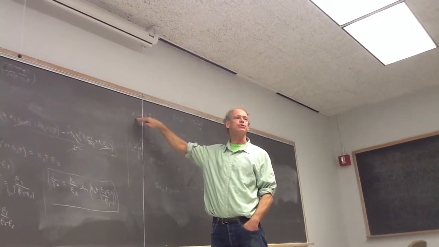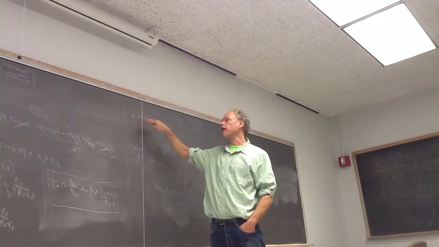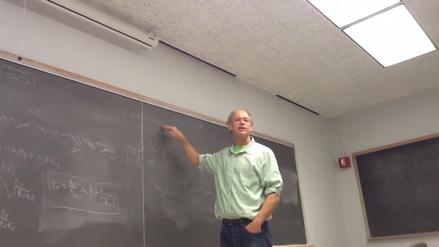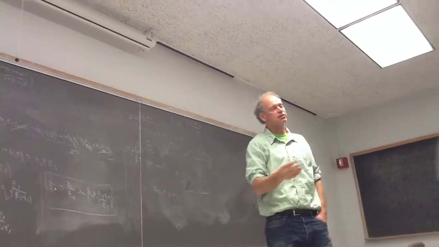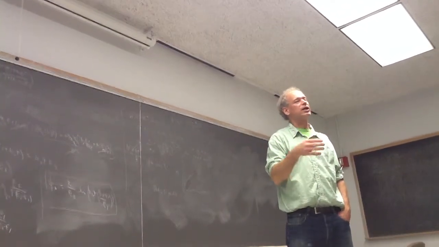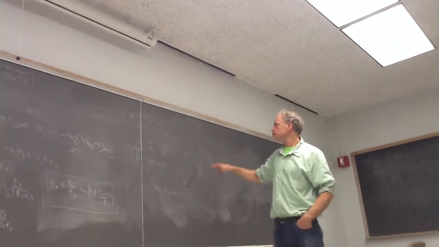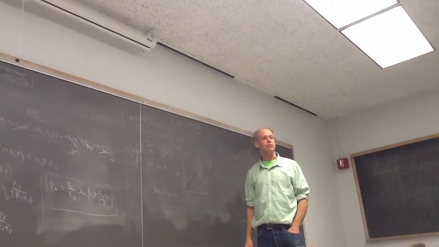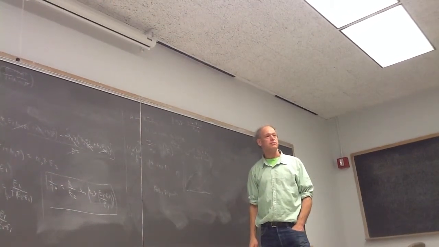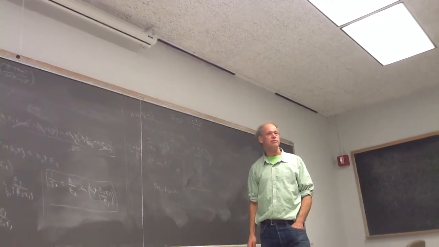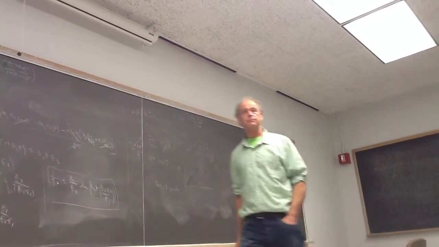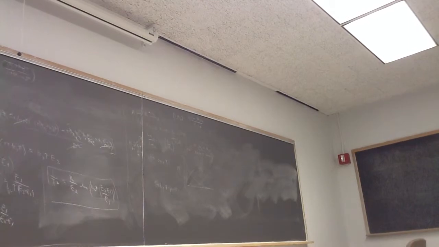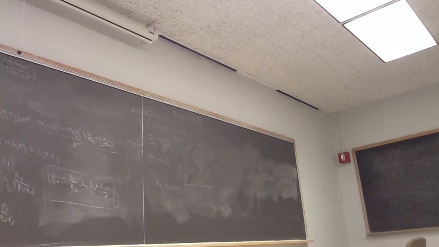Too high a temperature, all the reaction goes to S. So if I'm stuck with a single temperature, I need something in between. I expect a maximum. And that's why, in this case, I expect a maximum. Is that clear? Yes, no, maybe? Any other questions?